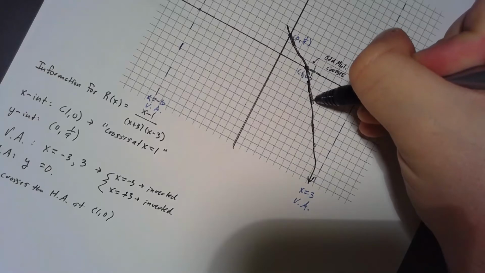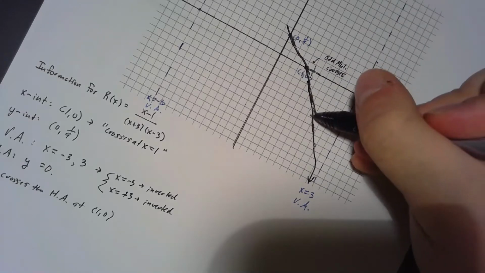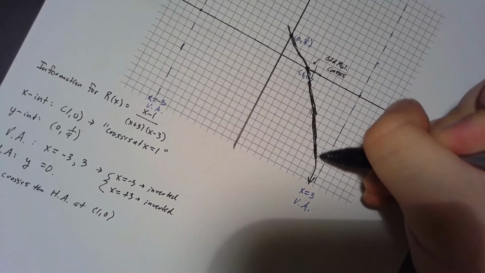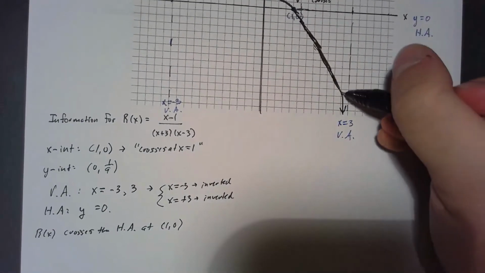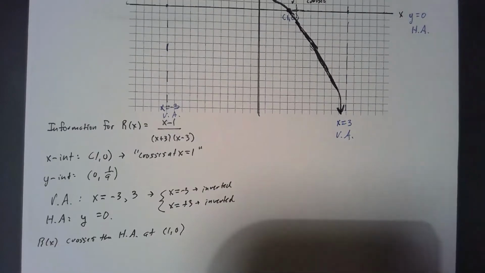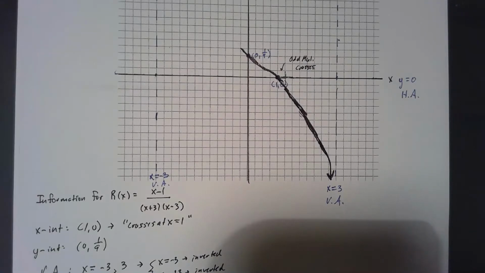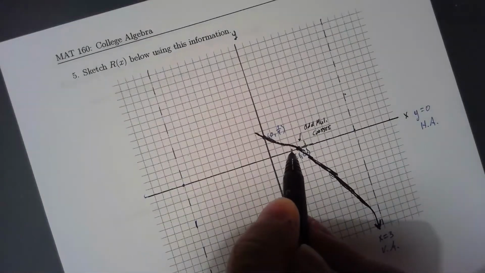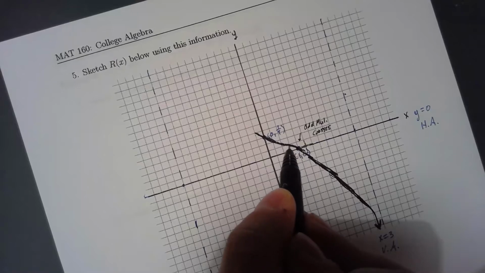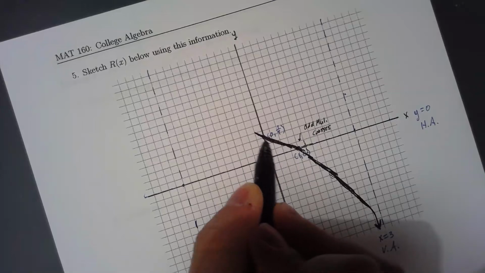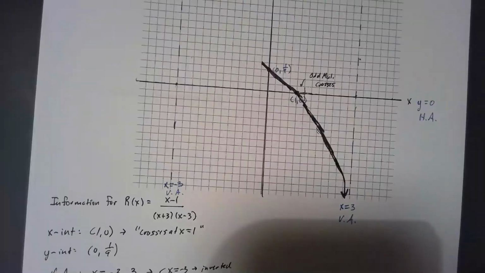I'm going along until eventually I get near my vertical asymptote, and then I'm going to hug my vertical asymptote all the way down. Okay? So this little dip right here, that just might be because of my sleight of hand, but there isn't a little bend there. It's just me being with a shaky hand.